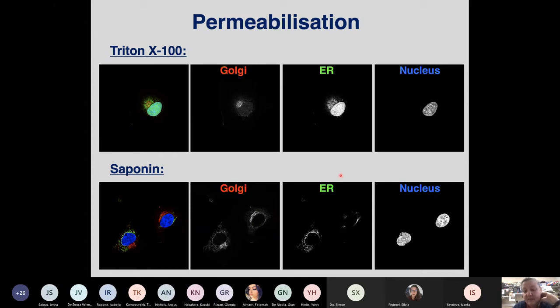But with the endoplasmic reticulum, the picture has completely changed, because here we see something which again looks like textbook endoplasmic reticulum, and all this nuclear signal has gone. The only difference was the detergent. So be careful if you're looking at membranous organelles. Saponin is your friend. Also, if you're looking at autophagy, autophagosomes, and so on, Triton is not your friend.